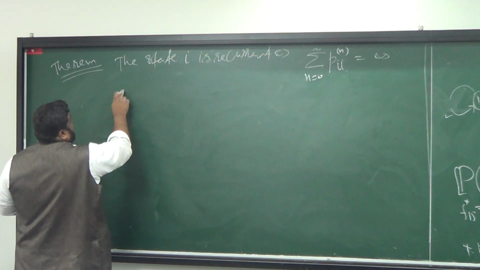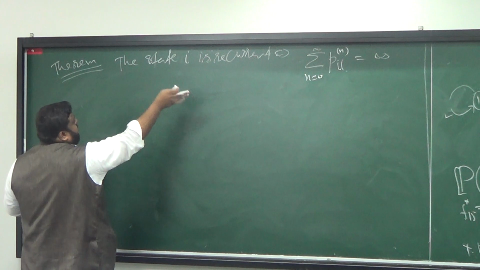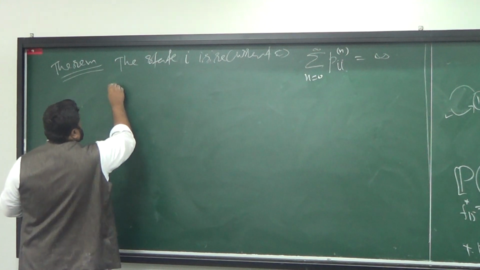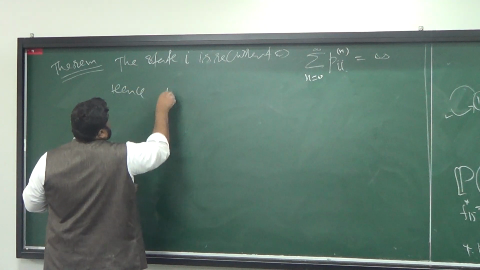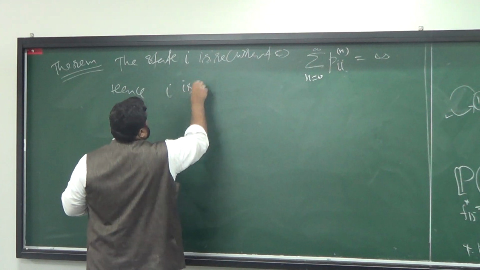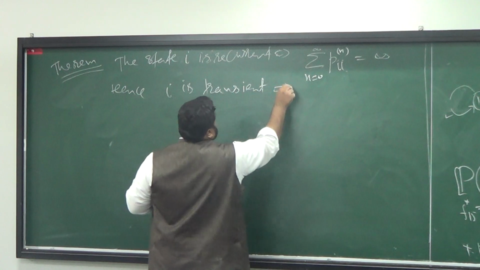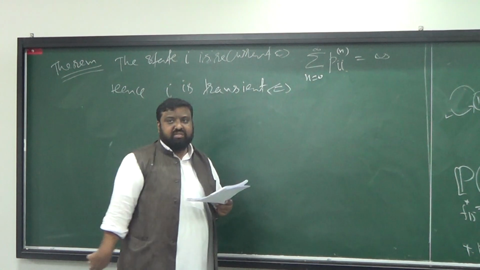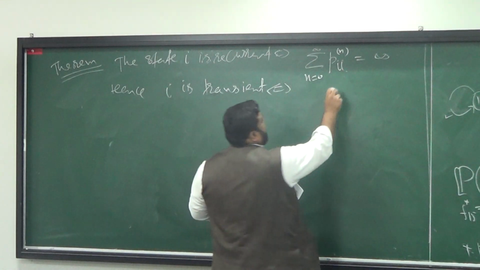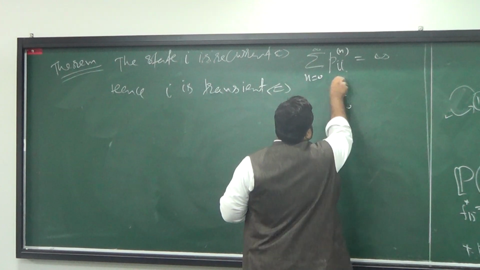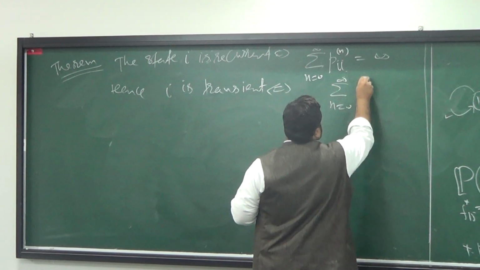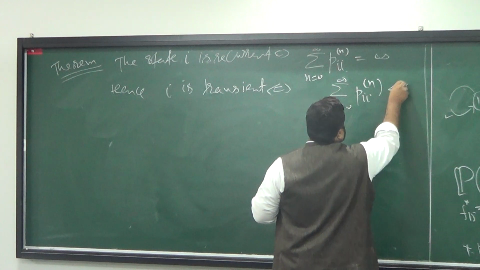Hence, transience is kind of the opposite of recurrence. You can say the state i is transient if and only if this sum over n is finite.